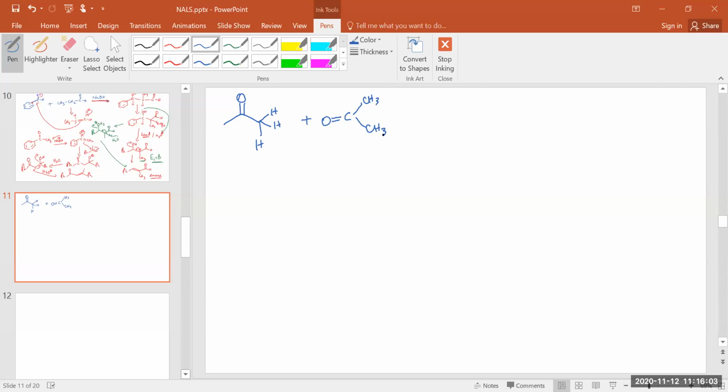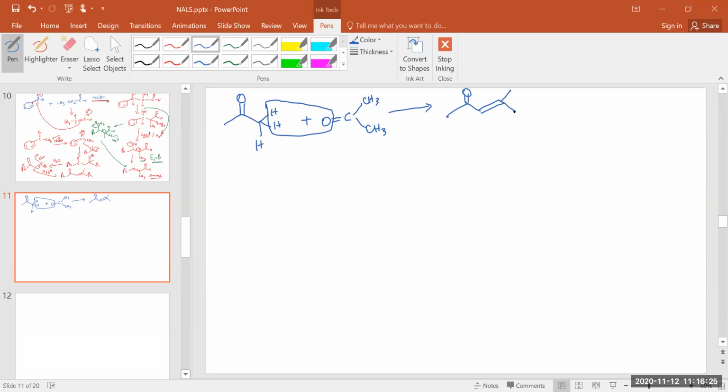So before the dehydration, if you write including dehydration, it will be H2O. See, the oxygen and 2 hydrogens will be gone. That is the aldol condensation reaction.